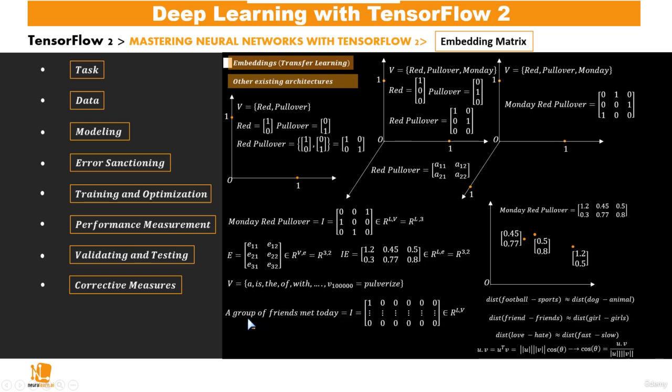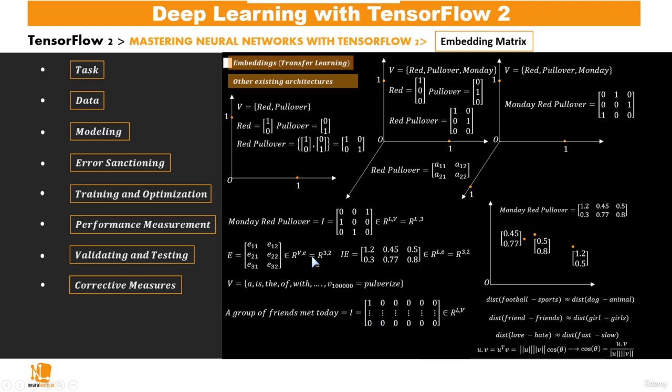In that case, if we want to pass this sentence, which is made of a group of friends met today, that is 1, 2, 3, 4, 5, 6 words, previously we'll have a one-hot representation where we have 6 different positions. This A, this is group, this is of, this is friends, met today.